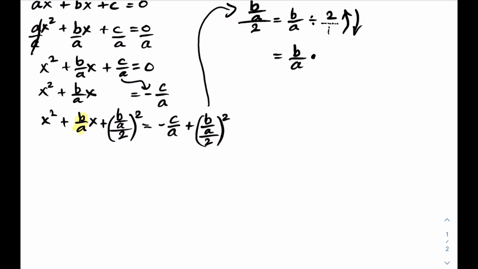So b over a times, changing division to multiplication, taking the reciprocal, which is 1 over 2. Multiply, b over 2a. The simplified form, we will substitute that.